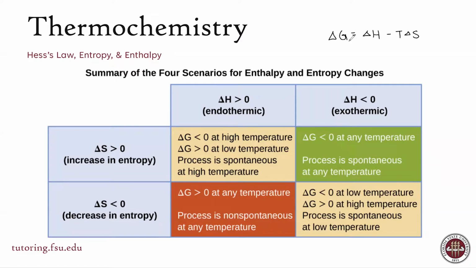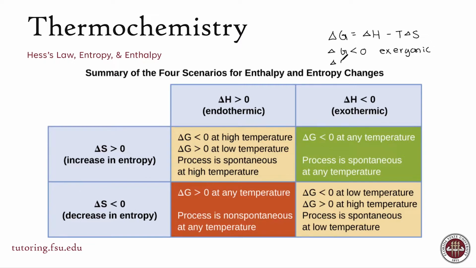And so we know that if delta G is less than 0, so it's negative, it's considered spontaneous and is exergonic.